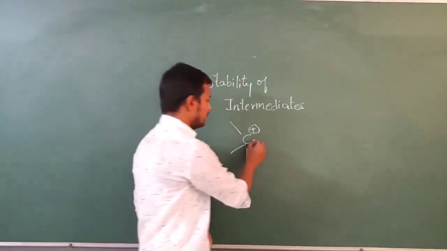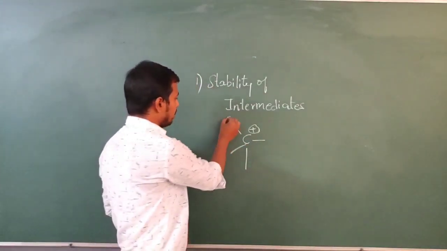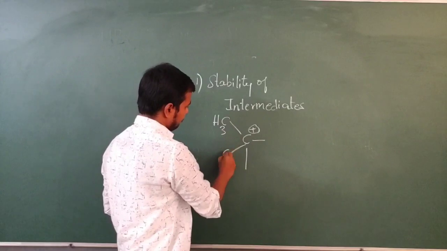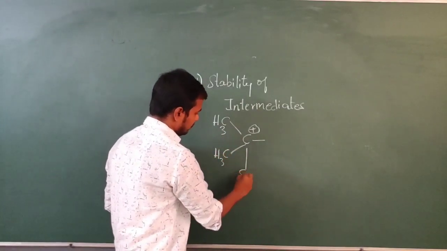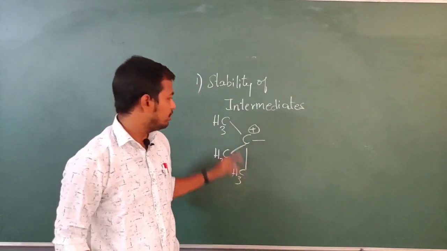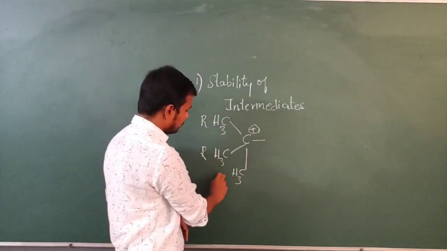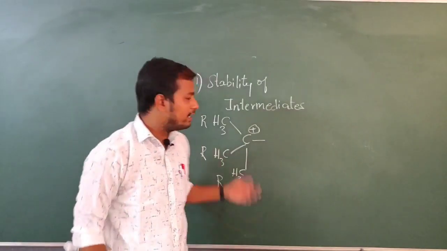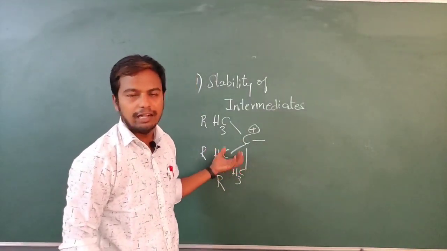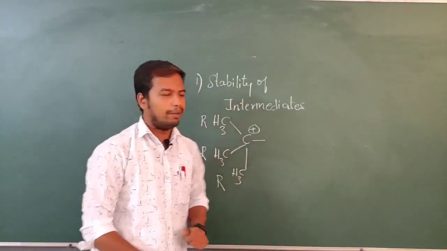This tertiary carbocation is the most stable species among the secondary and primary ones. We have discussed it is due to the plus I effect of the alkyl groups. These alkyl groups have the plus I effect and it determines the stability of the carbocation.